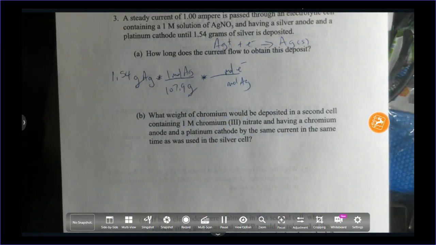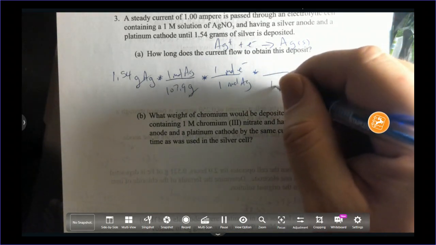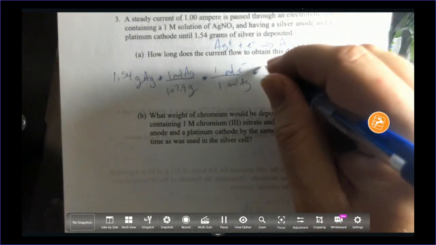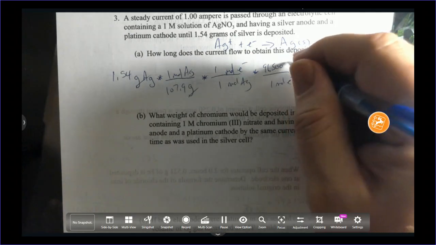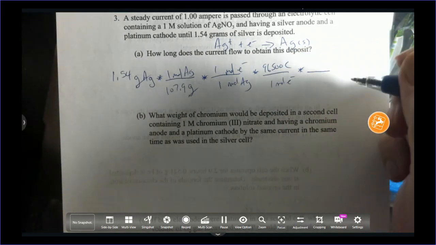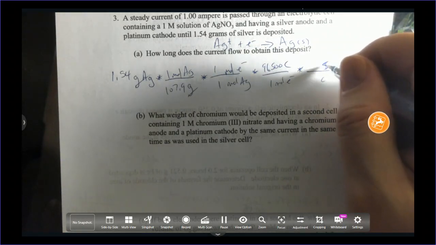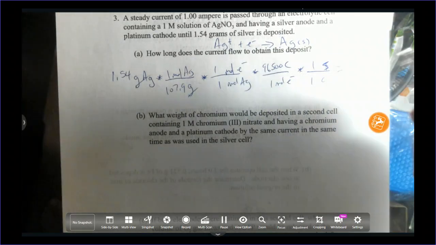We're just going to reduce some silver, so it's a 1-to-1 stoichiometry. And then let's throw up our Faraday's conversion and our amperage, which is just in terms of coulombs per second, just 1 coulomb per second.